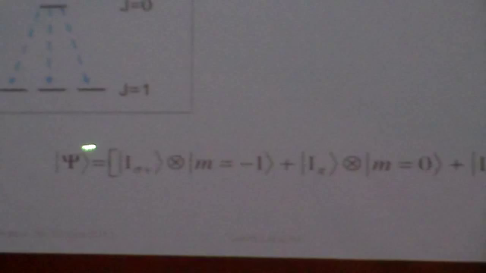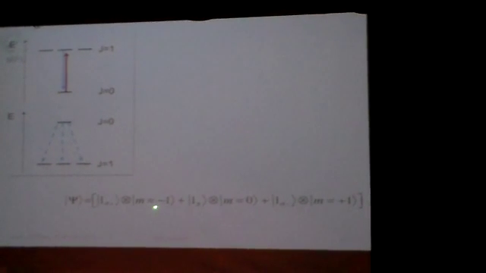The wave function after this emission is a strongly entangled wave function, entangled between the polarization properties of the outgoing light field, sigma plus, pi, sigma minus polarization, and the magnetic quantum number of the remaining atom.